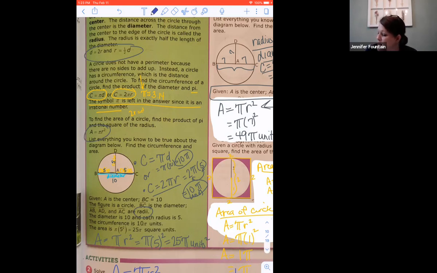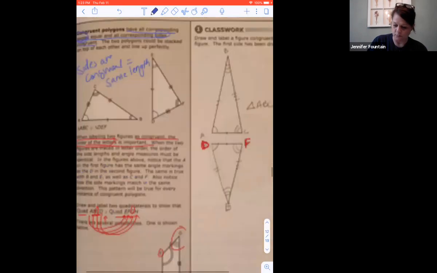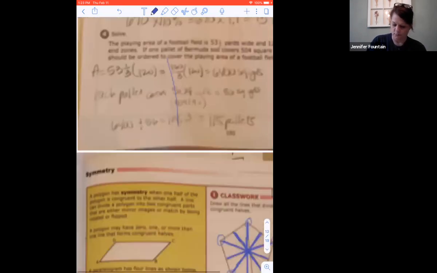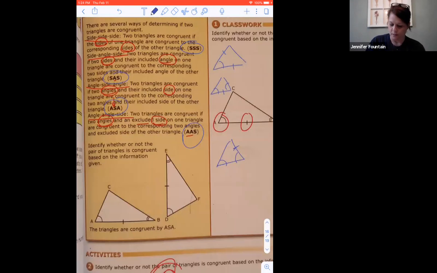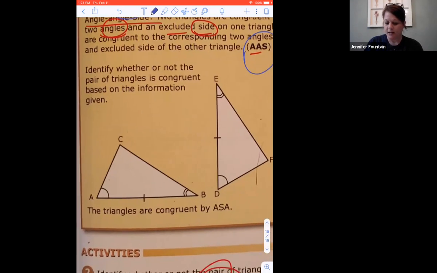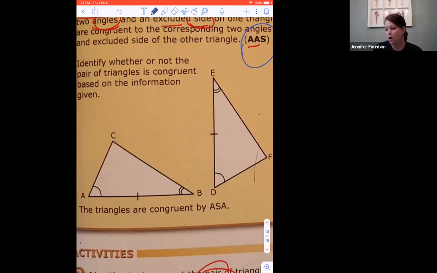And then the last thing we'll have is congruent triangles. Basically it'll say, using the marks, what angles can you tell are congruent?